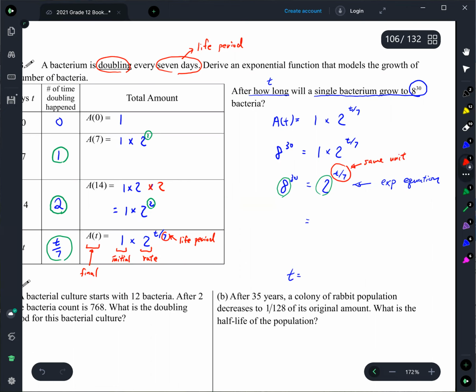So if they give you every 7 weeks, then the answer that you get will be in weeks as well. So you don't need to change everything into days, right? If they say it doubles every 7 weeks, you just do everything in weeks. Or years, then you keep it in years.